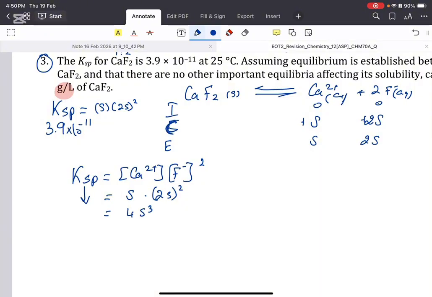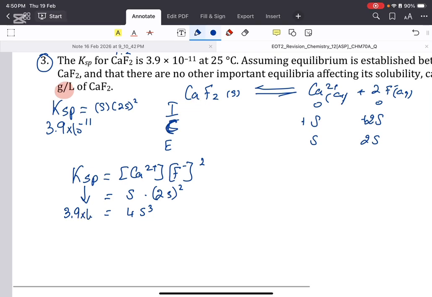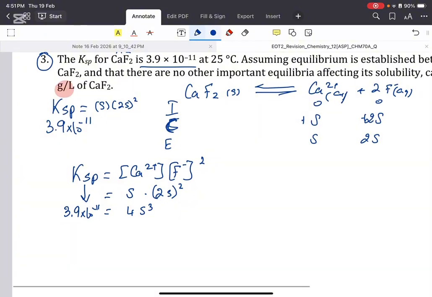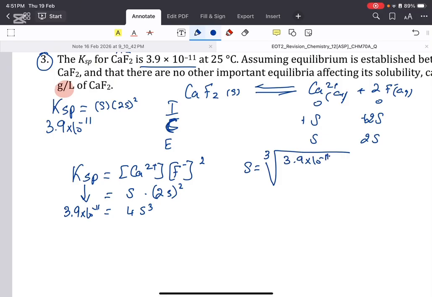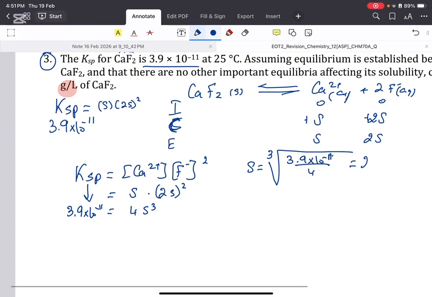Now I already have the solubility product given in the question, 3.9 times 10 to the power negative 11. Therefore, S is going to be cubic root of 3.9 times 10 to the power negative 11 over 4. And that is equal to 2.1 times 10 to the power negative 4 molar.